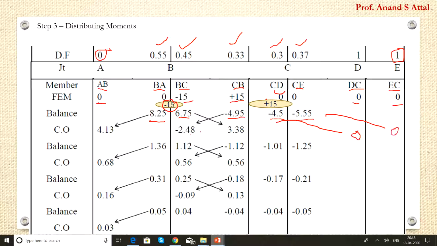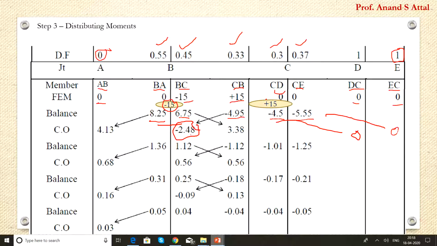Now if we look at joint B, as we have balanced the joint, but due to this carryover factor the joint becomes unbalanced. So again we need to distribute this 2.48. This unbalanced moment is minus 2.48, so for balancing we require plus 2.48.